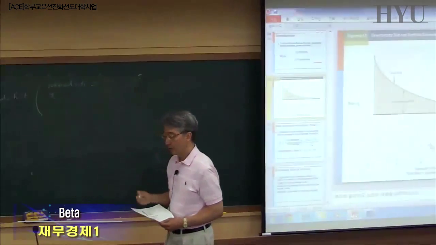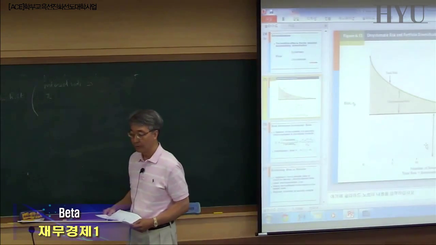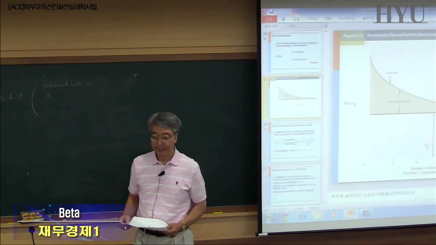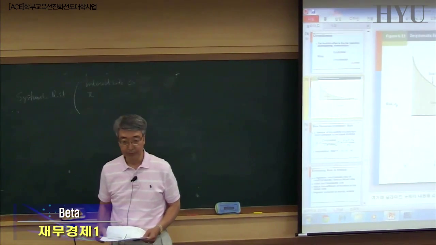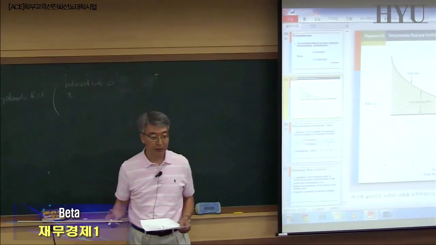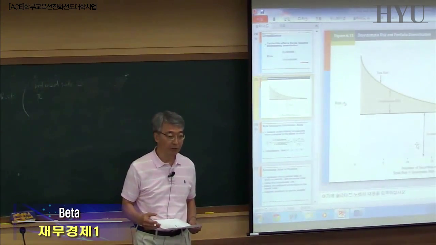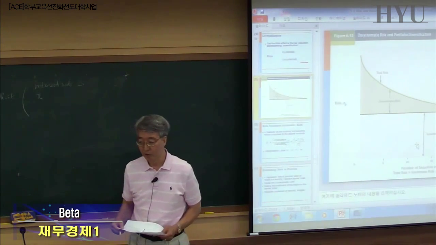Something happens to the economy, then the entire inflation goes up. Inflation means the purchasing power of your money goes down. So if you get 10% return from your investment and there is 5% inflation, that means your real return is only 5%, even though the nominal return is 10%.